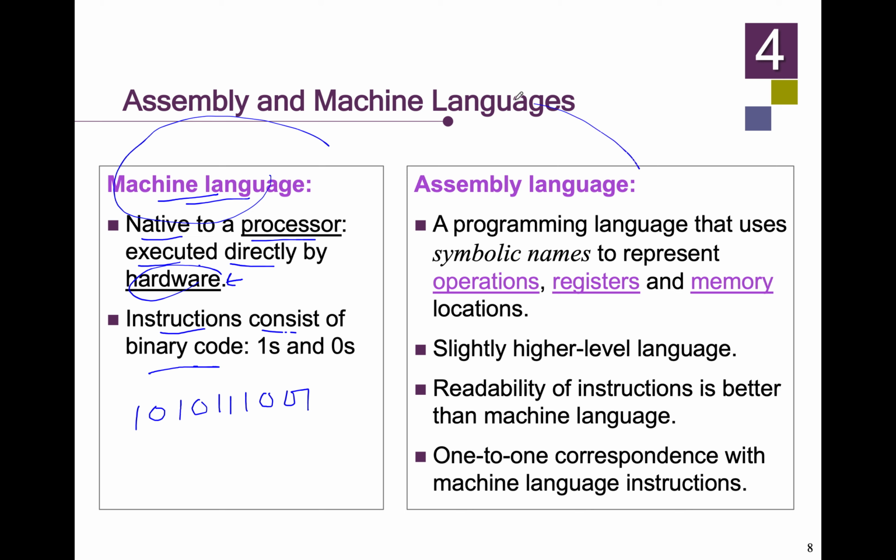Now you have another one, which is assembly language. What is the difference between machine language and assembly language, and why do you need this? Assembly language is a programming language that uses symbolic names.